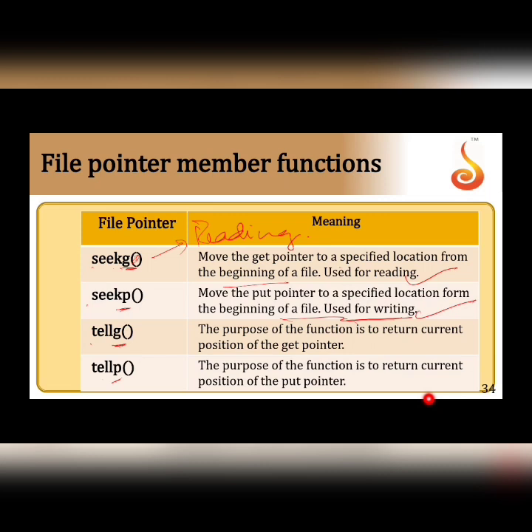So tellg will return you the current position of the get pointer. G is get, so when you are reading something, the current location of the pointer is got by tellg, and the same way tellp will return you the current position of the put pointer. Please have a look.